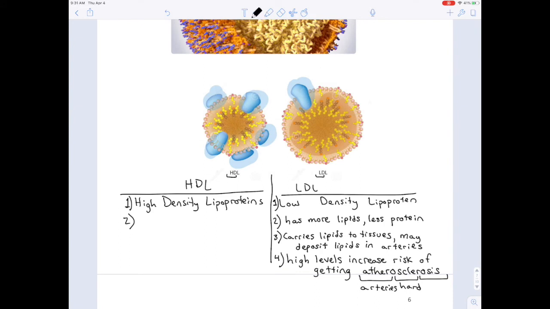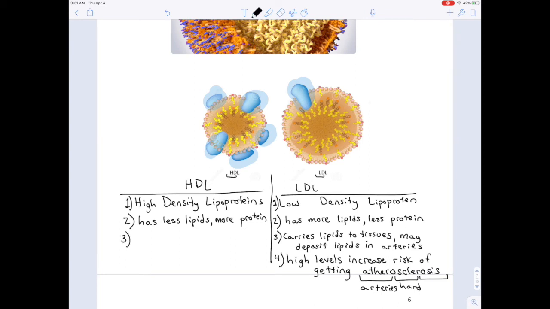So this has more protein and less lipids. And that's what makes it high density. Remember that proteins tend to sink to the bottom of water. They are high density. Lipids float on water. They're low density. If you have a lot of protein and not very much lipid, then you will be a high density lipoprotein.